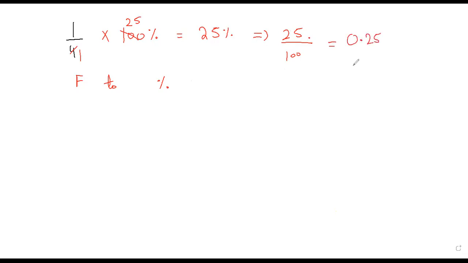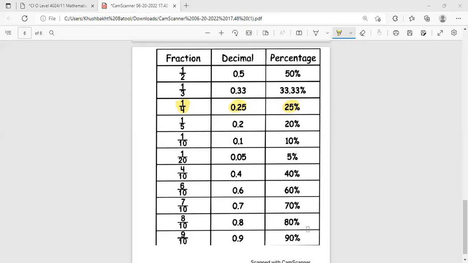So this was the very first example in which we have converted a fraction to a decimal as well as a percentage. I'll stop sharing this screen, and again I am going to switch to the PDF we were discussing.